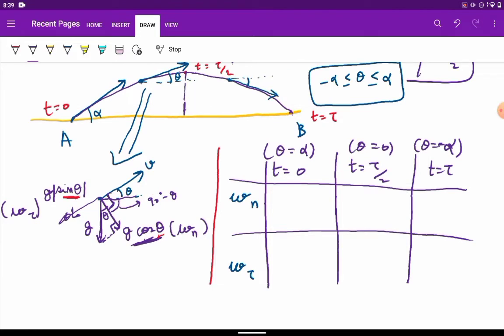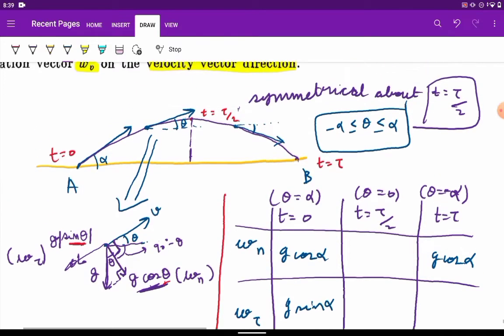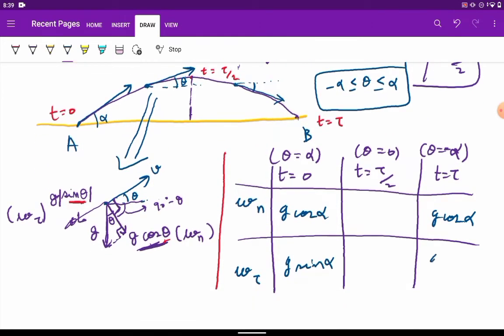So at t equal to 0, theta equal to alpha, so Wn is g cos alpha, w tau is g sin alpha. Same goes with theta at t equal to tau, as I told, it is symmetric about t equal to tau by 2.